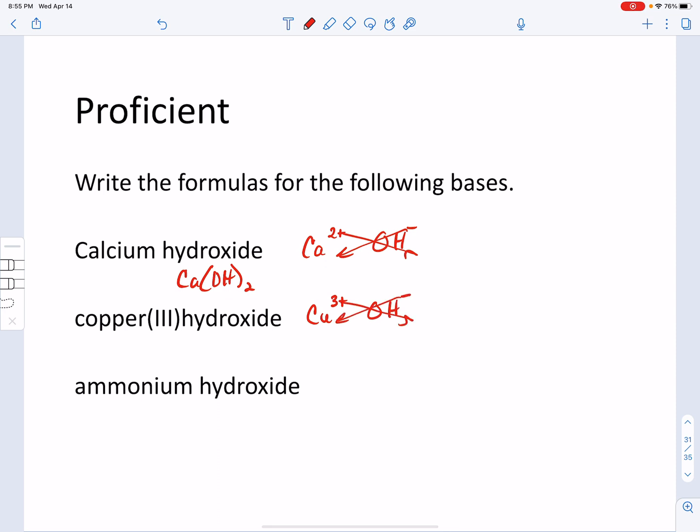Cross and drop those values, and we get Cu, and we need 3 hydroxides to balance out that +3 copper. Ammonium hydroxide, ammonium is a polyatomic ion that has a charge of +1. Hydroxide has a charge of -1. Cross and drop those, and we just plug all those things together. Ammonium hydroxide.